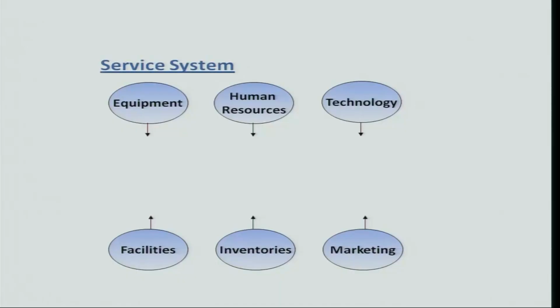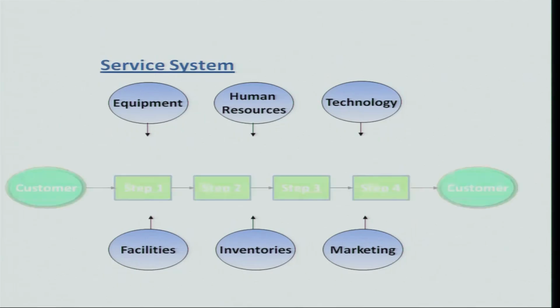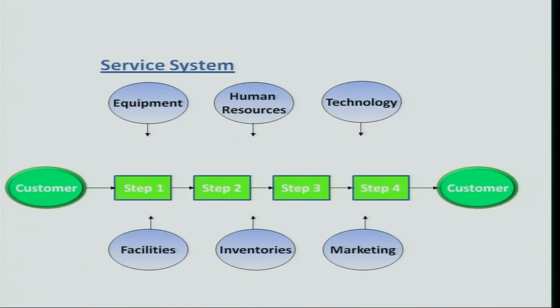So we have already seen before that service systems will have equipment, technology, human resources deployed in facilities. There will be some inventories related to product service, and this will be linked through a series of steps, through interactions with each of these blocks and among these blocks.